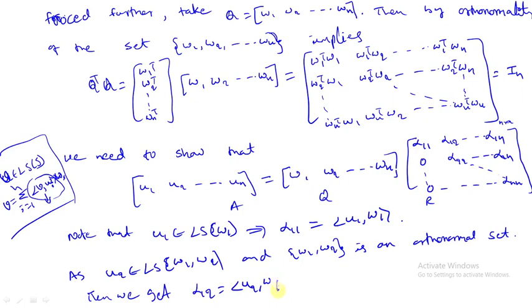and alpha 2 equal to the inner product of U2 with W2. So in general, the same procedure applies.